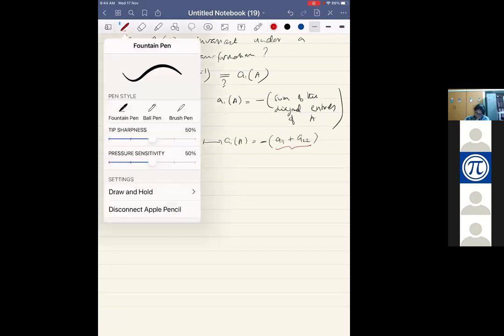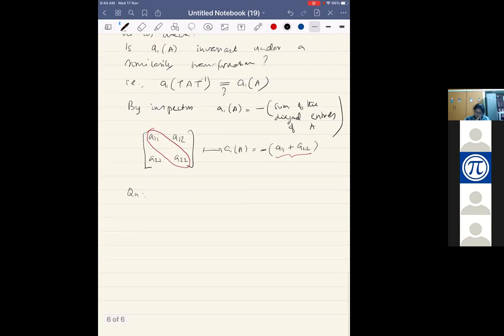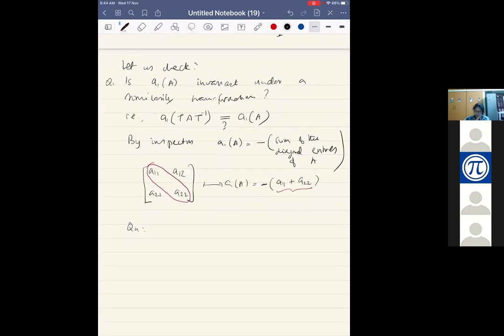So this question is equivalent to: is the sum of the diagonal entries of a matrix invariant under similarity transformation?